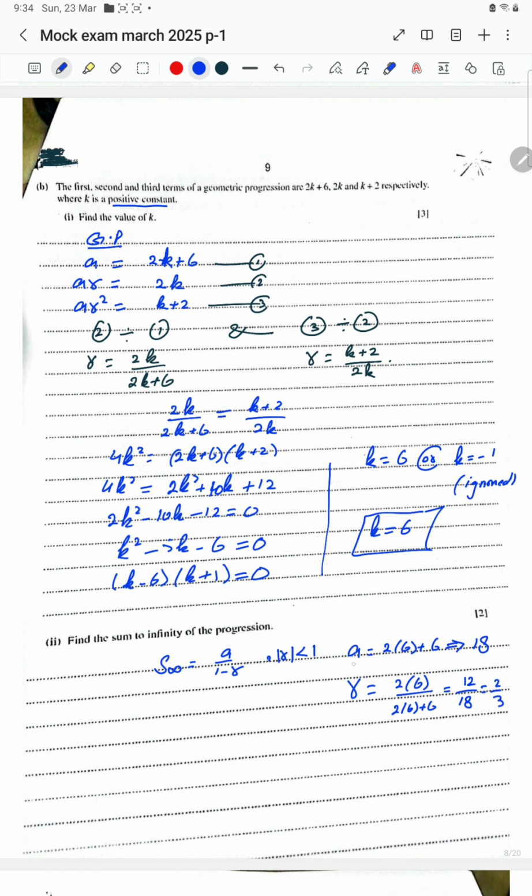This is the formula given to us. So S infinity will be 18 over 1 minus r, 18 times 3 is 54. Yeah, we get 54. This will be the answer. You can calculate directly on the calculator even.